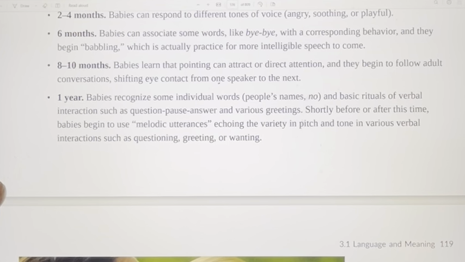So if you wanted to have a baby that could reproduce sounds like a native speaker, and you were living, let's say, here in the United States, and you were teaching the baby English, but you wanted later on for the baby to be able to speak Spanish like a native, one thing you could do is play Spanish-speaking radio or Spanish-speaking television or Spanish-speaking whatever in the background, so that the baby continues to hear those sounds, and it will learn those sounds like a native speaker.